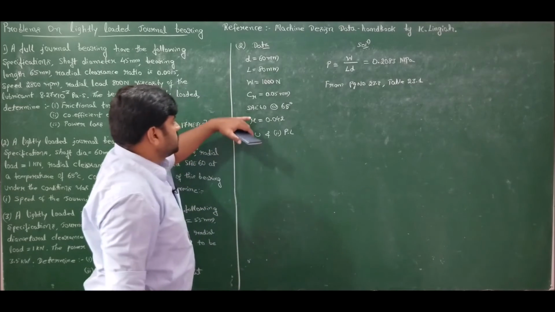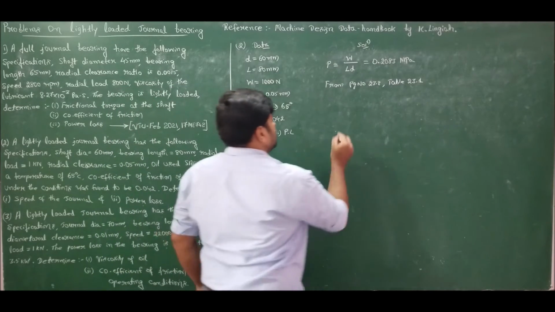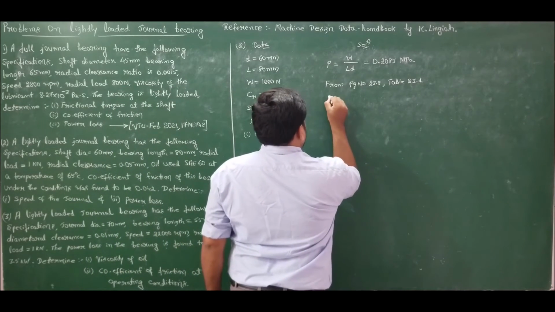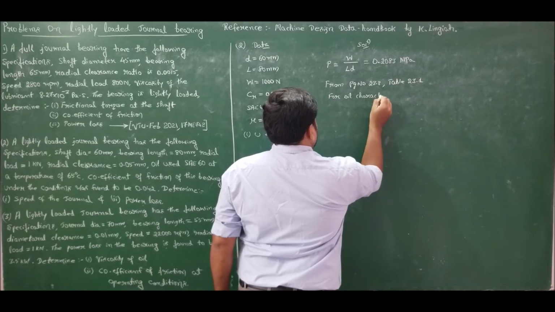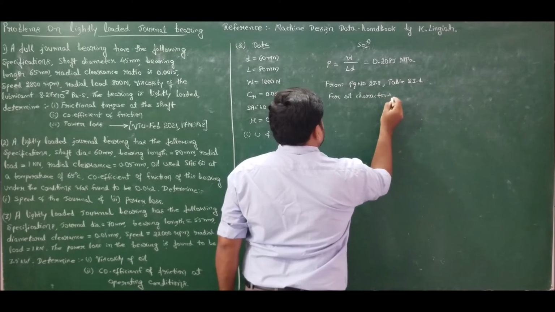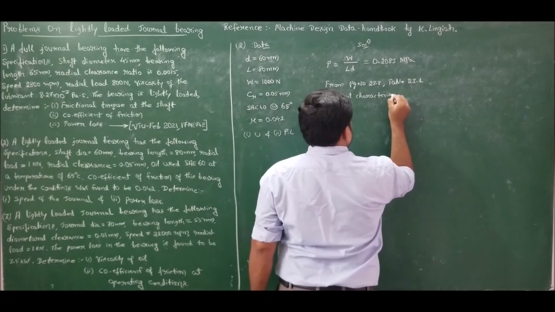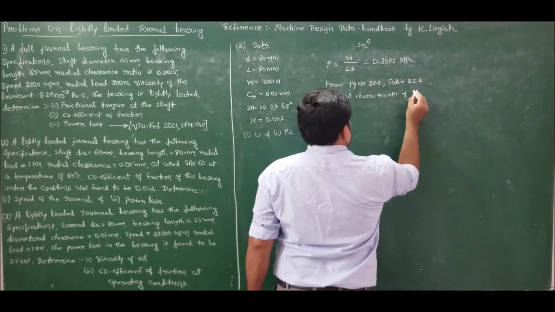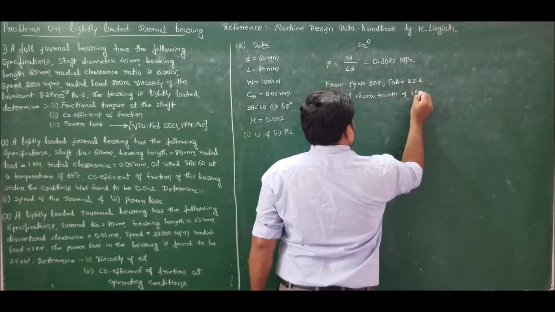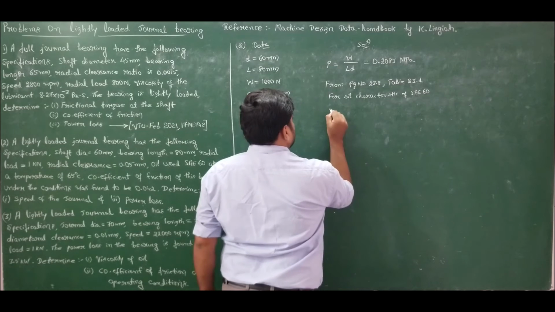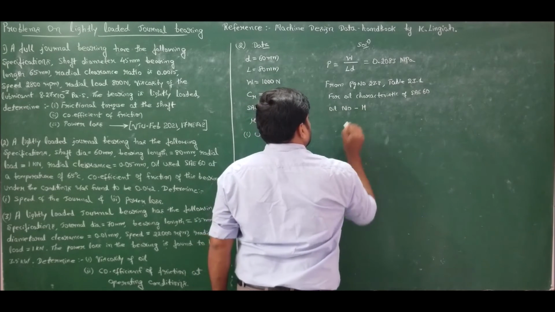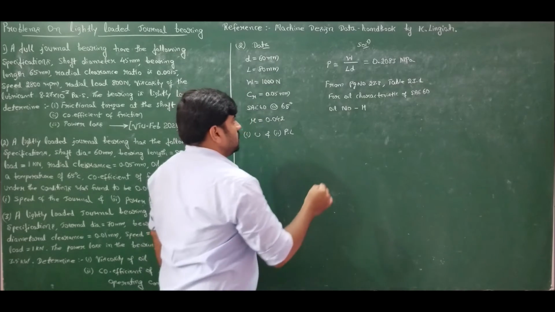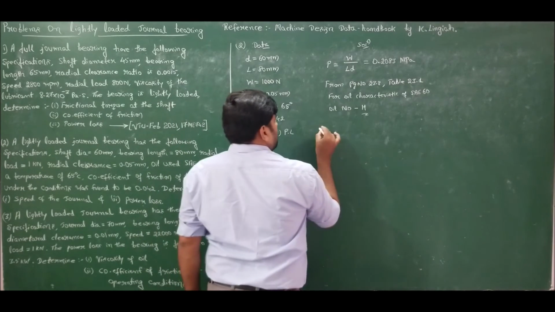For oil characteristics of SAE 60, oil number will be H.